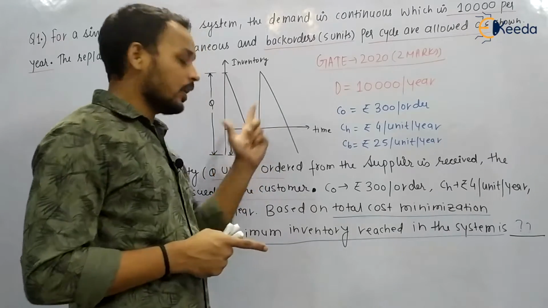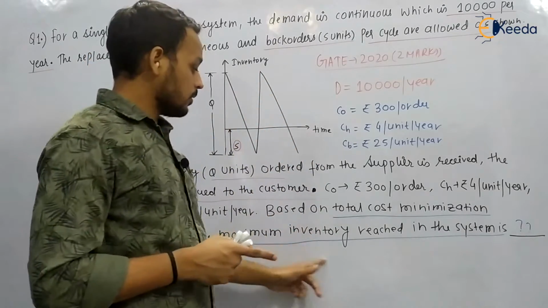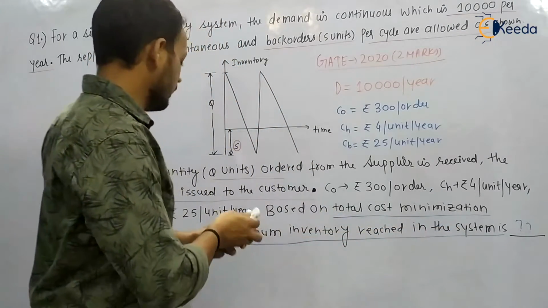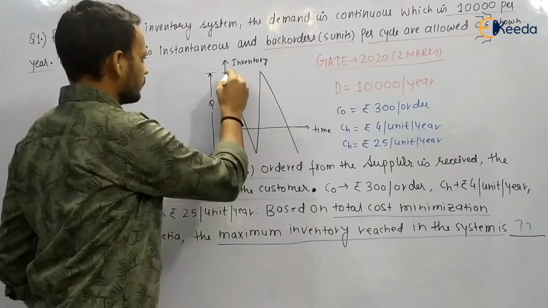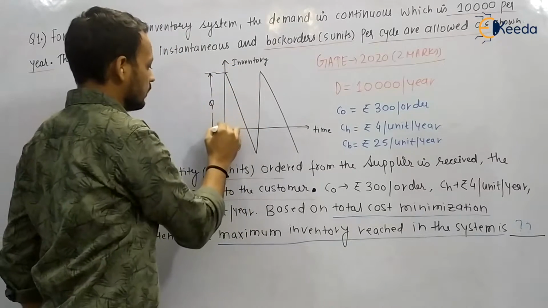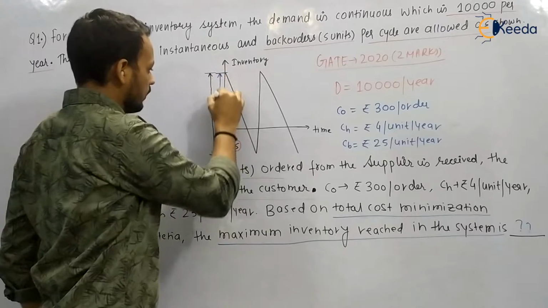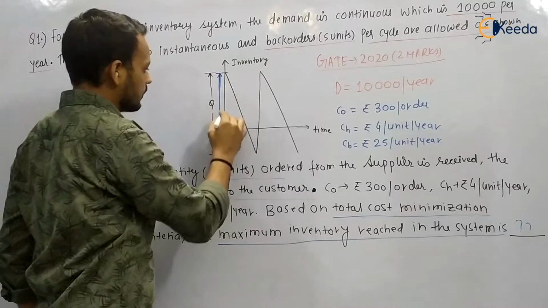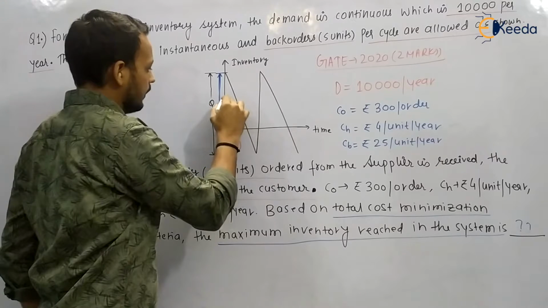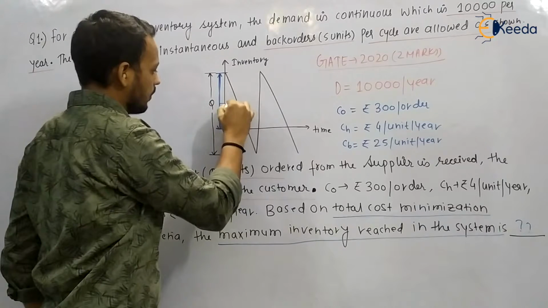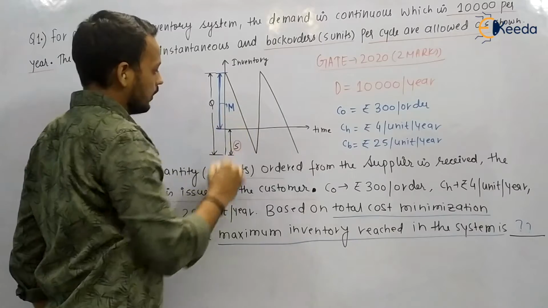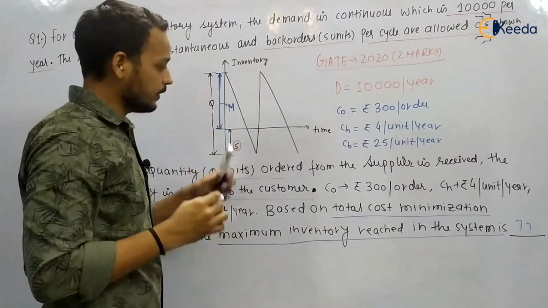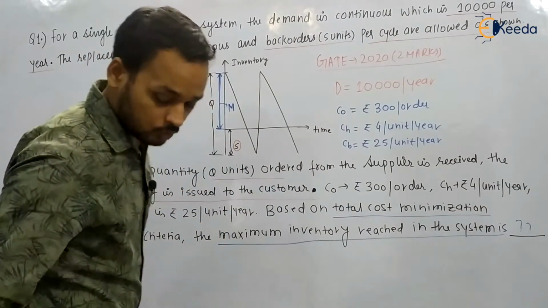So the maximum inventory which is reached in the system is only this much. Let it be M, the maximum quantity reached in the system. So how to find M?